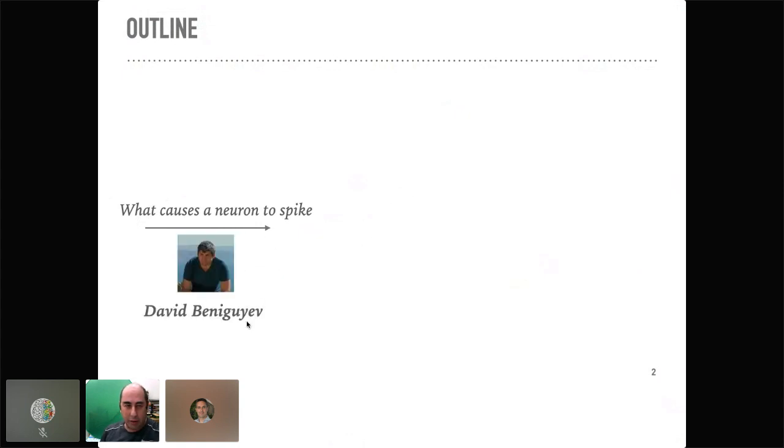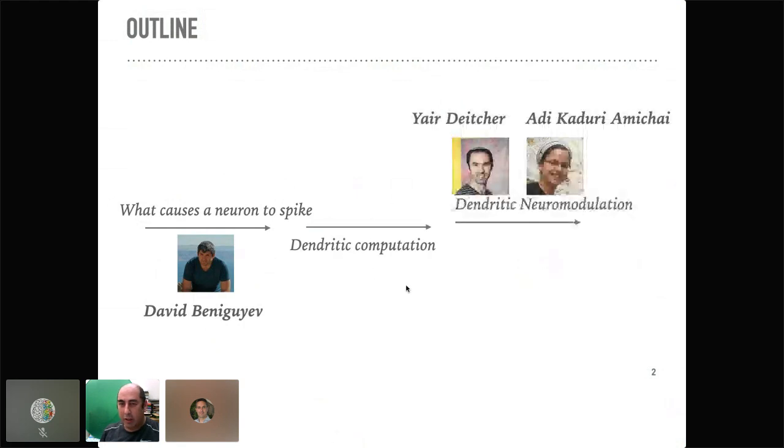And I will then present a work by a student that I co-supervise with Idan Segev, David Ben-Guyev. And then we'll talk a little bit about dendritic computation, and I'll present work on dendritic neuromodulation by two or three of my students, Yair and Adi.